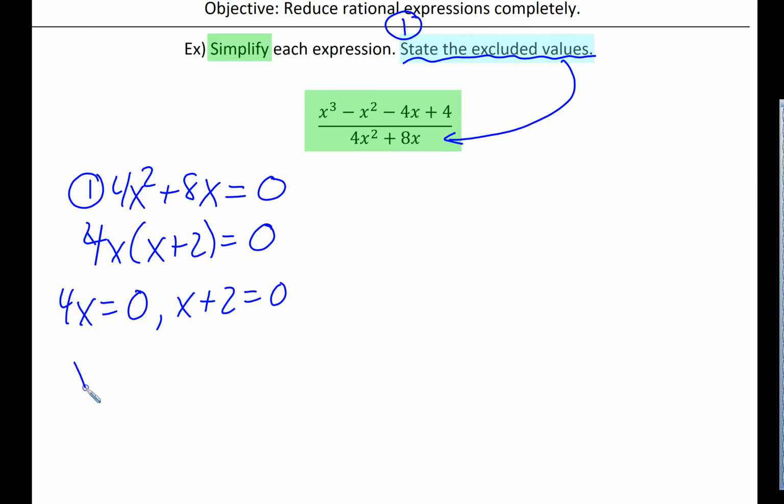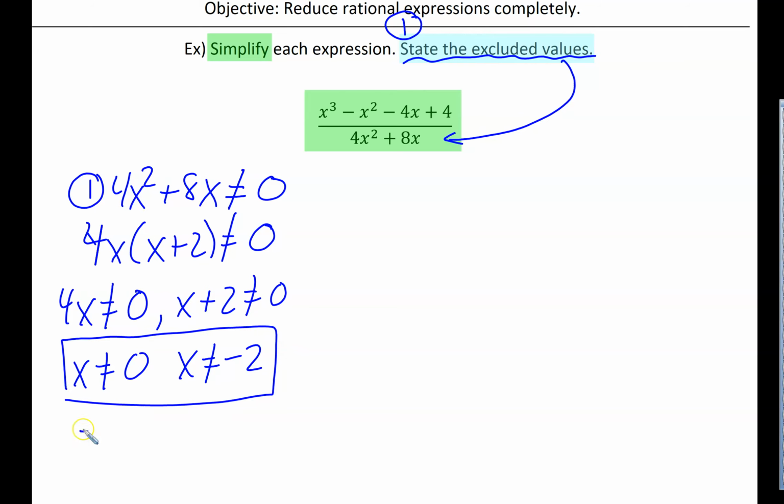Here we divide by 4, which gives us x equals 0. Here we subtract the 2, which gives us x equals -2. Now, these are the values that x cannot be. So we also often like to say, all right, x cannot be equal to 0, x not equal to -2. And so these would be our excluded values.